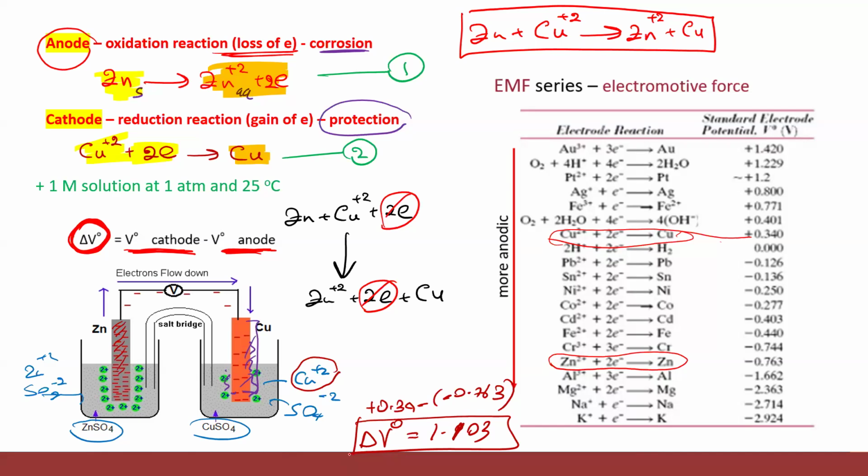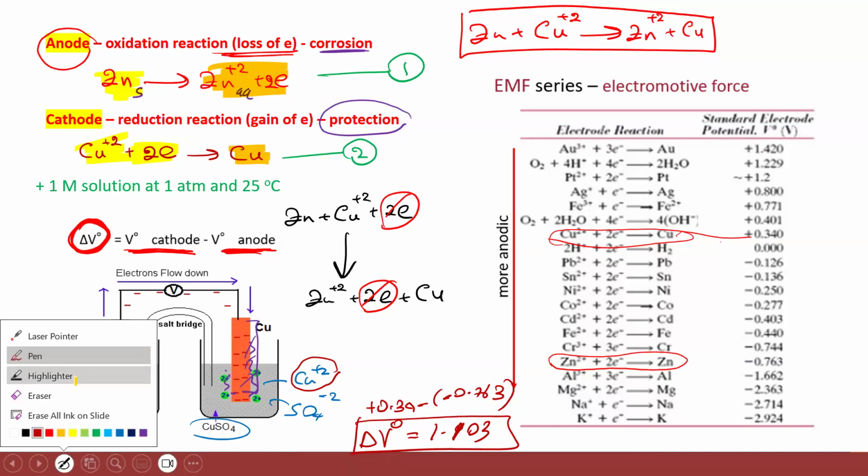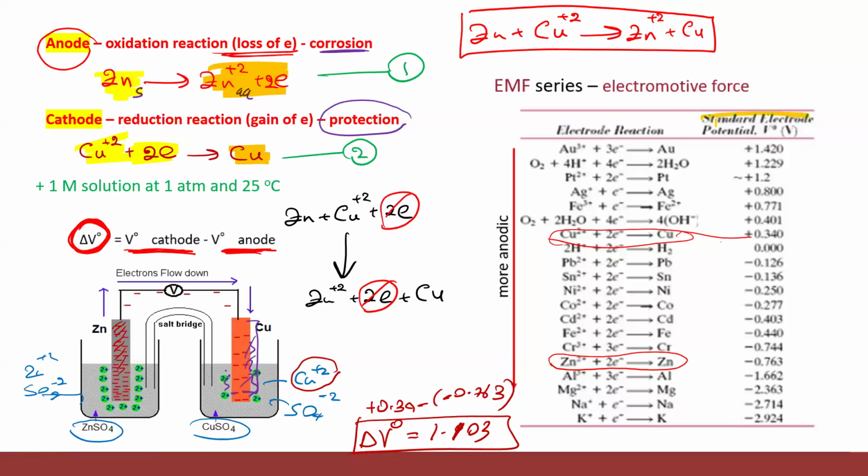No? All good? So these voltages here are standard electrode potentials. Standard electrode potential means the solutions are 1 molar, 1 mole per liter, at 1 atm pressure and 25 degrees Celsius.